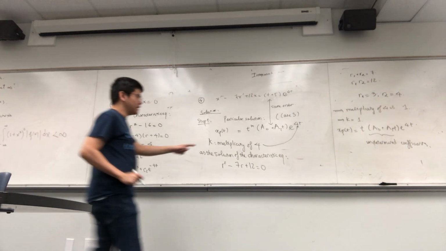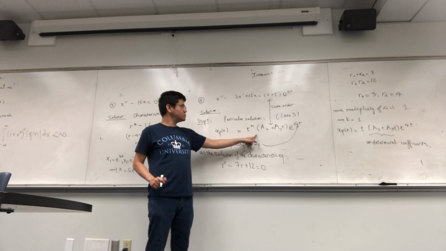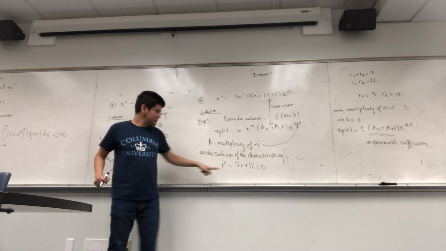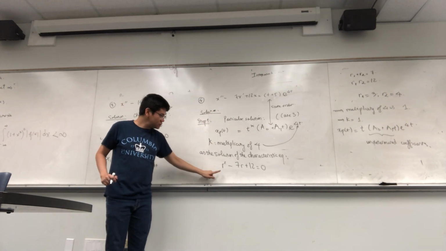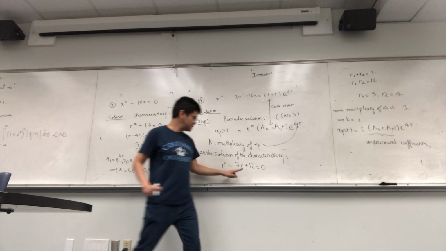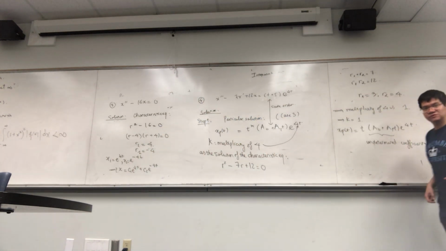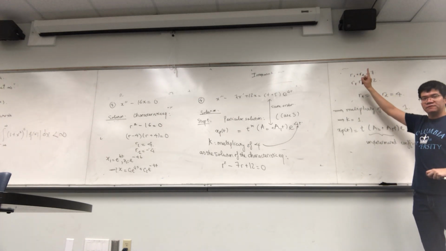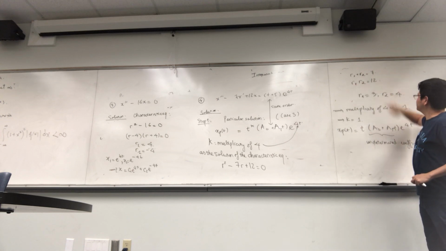Right? So I explain again. Here you have to know what is k. k is the multiplicity of the number 4 here as the solution of the characteristic equation. So the characteristic equation is r squared minus 7r plus 12. To find the two solutions of the characteristic equation, you try to find two numbers whose sum is 7 and product is 12.